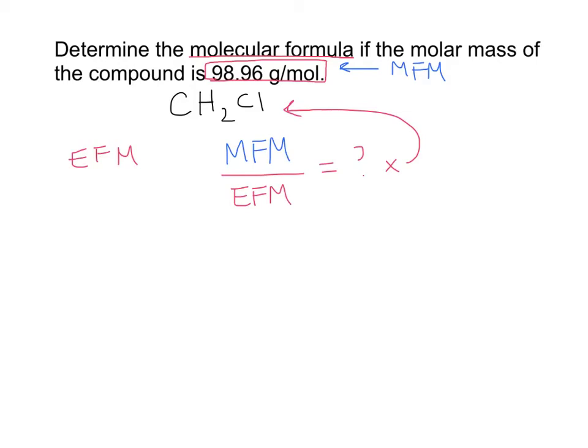First, let's start by calculating the empirical formula mass of CH2Cl. And by now you should feel comfortable doing that. So the empirical formula mass of CH2Cl would be, count carbon once, so 12.011, plus 2 times the mass of hydrogen, plus 1 chlorine.